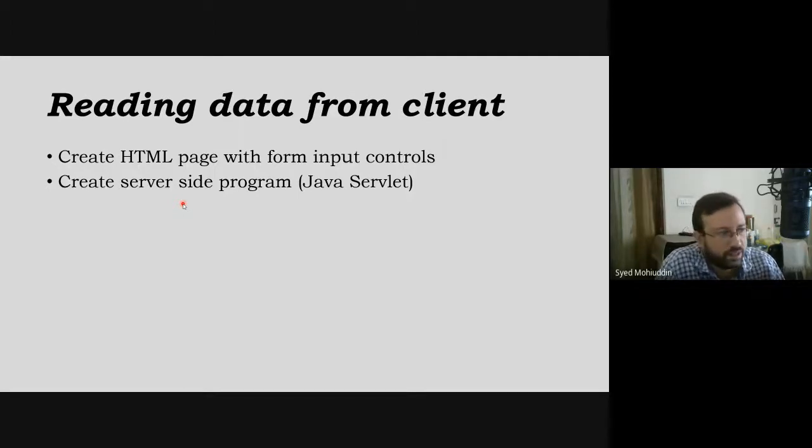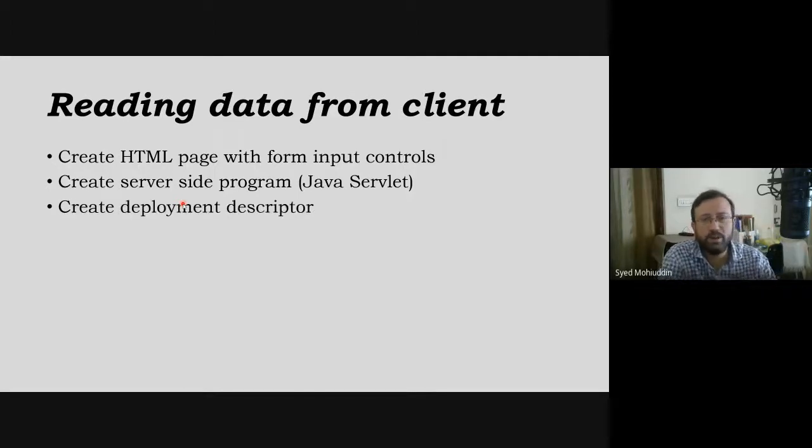Now, the next thing is we need to create a deployment descriptor. Obviously, this deployment descriptor will contain the information regarding the Java servlet. Then your HTML program, the Java servlet, and the deployment descriptor have to be placed in certain folders in your Apache Tomcat server.